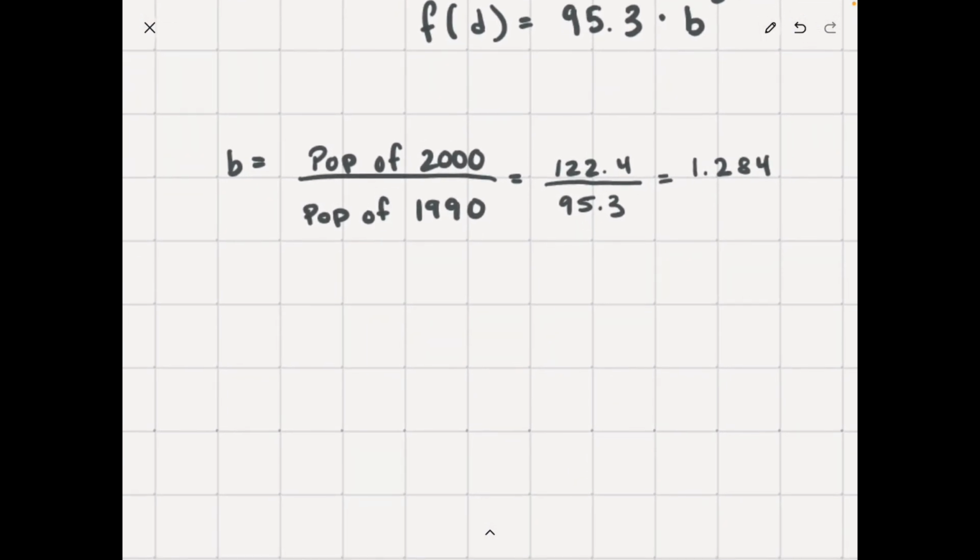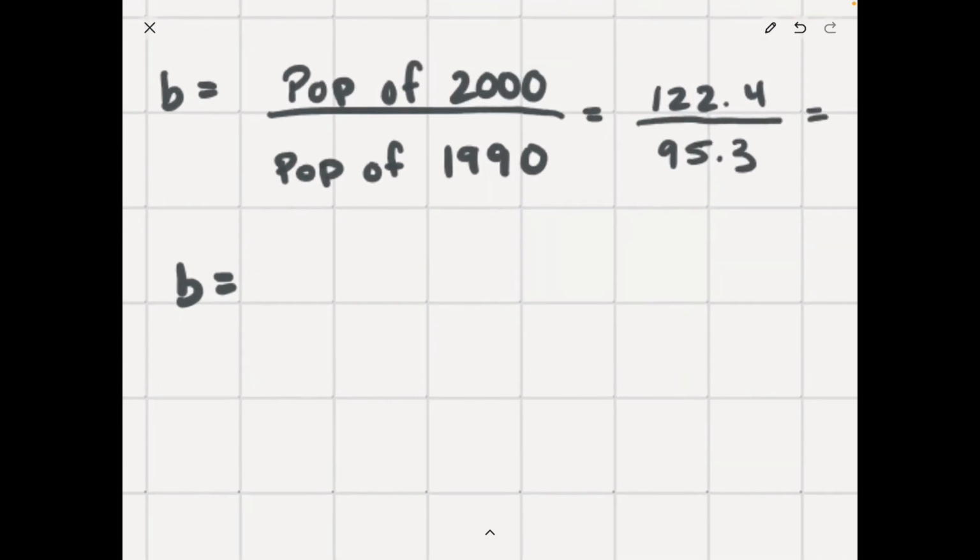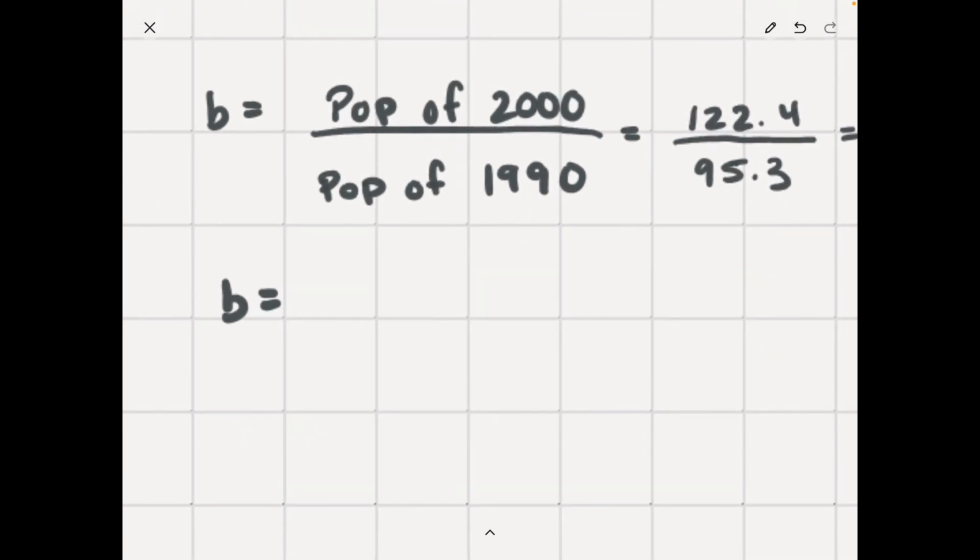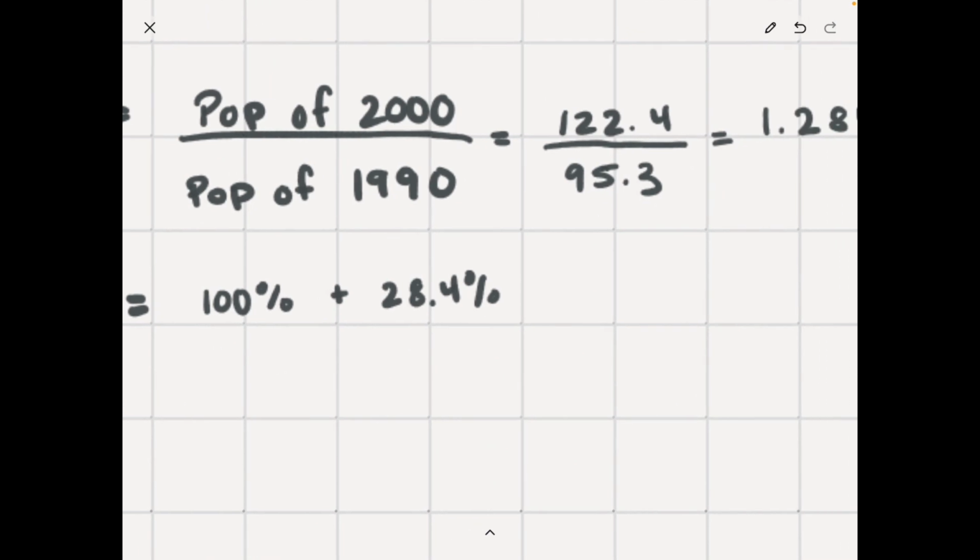You might also do it this way, though. You might also say, well, hold on a second. They said that there was an increase in that decade of 28.4%. How would we figure that this represents our growth factor as well? Well, we'd have to do it this way. It would be 100% of our population in 1990 plus the increase of 28.4% that we had over that decade, right?